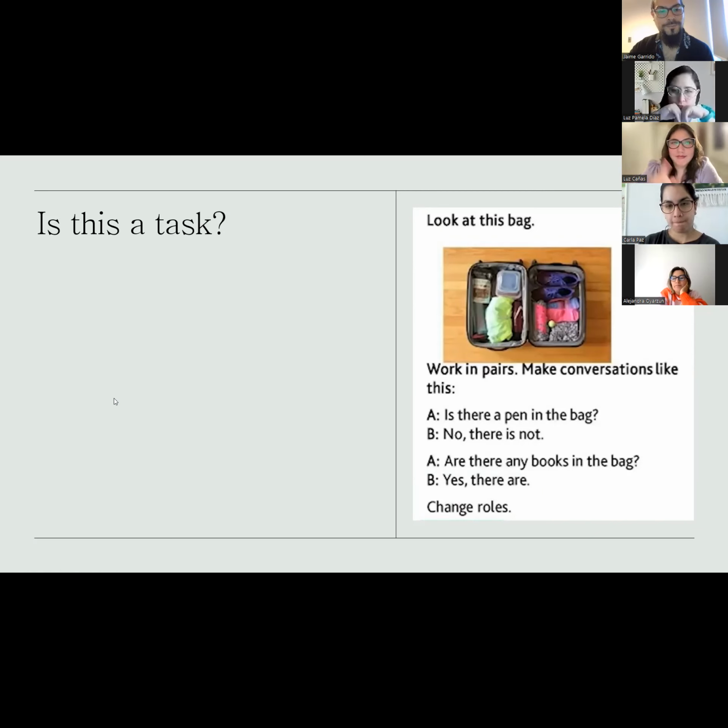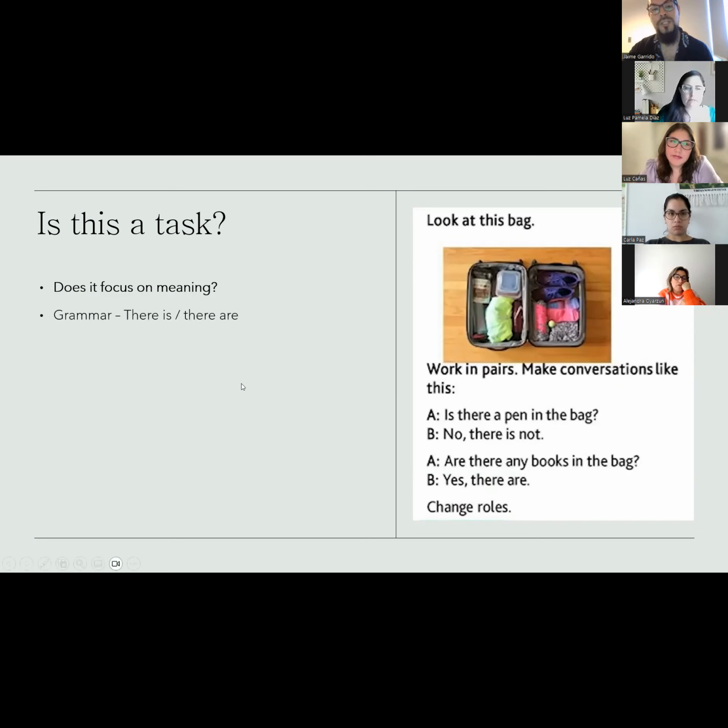No, no, no. Okay, let's read it. Look at this bag. Work in pairs. Make conversations like, is there a pen in the bag? No, there's not. Change roles. So, does it focus on meaning? No, it focuses on grammar, the use of there is, there are, for example.